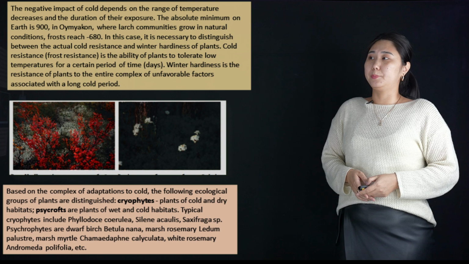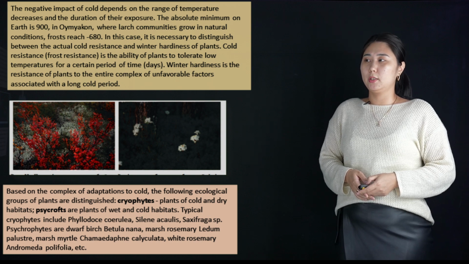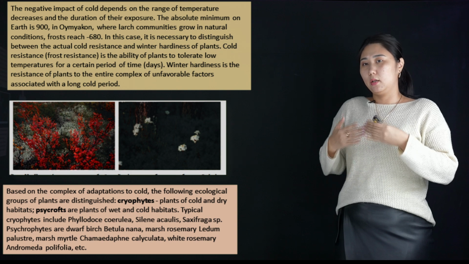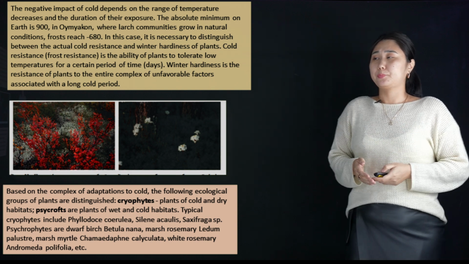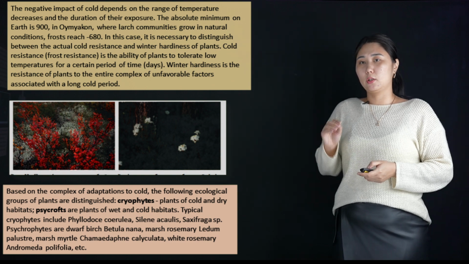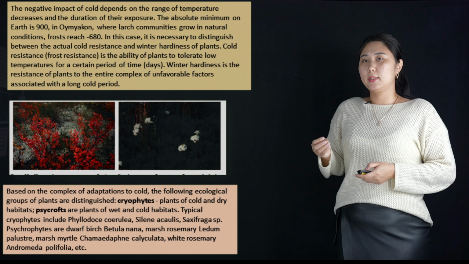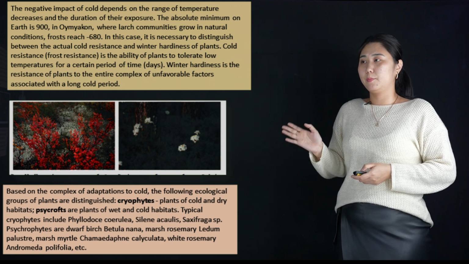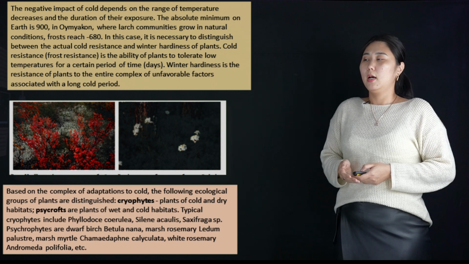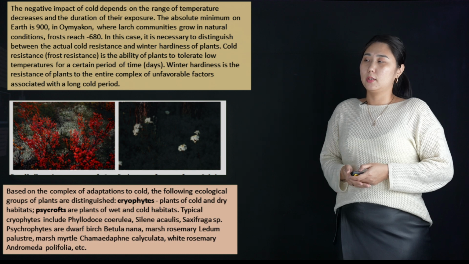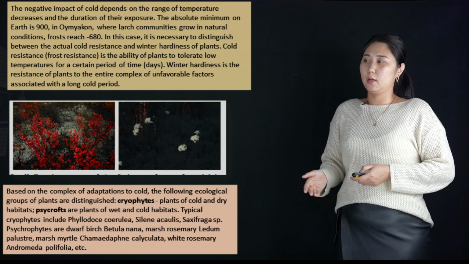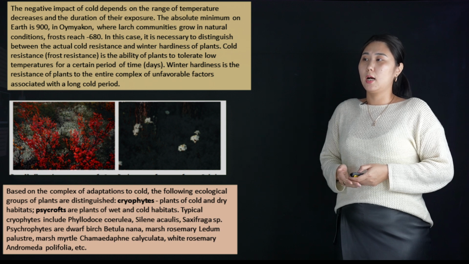Next, temperature directly influences plant life. If the temperature is very cold or very hot, plants can die. Other species of plants have other types of adaptations to cold, called cryophytes and psychrophytes.